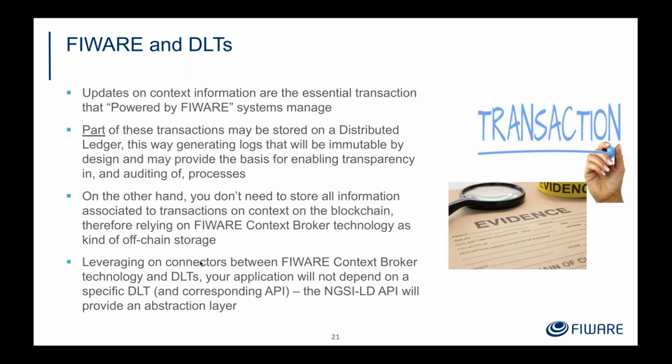Why? Because FIWARE is precisely about automating the gathering of data and the harmonization of that data into a common data space, as part of the data transformation, and therefore you can bring a warranty that from the point in time where the data was generated until it got stored on the distributed ledger, there was no human intervention.